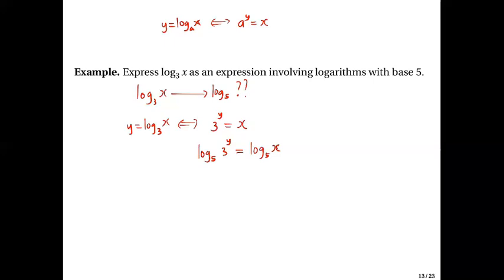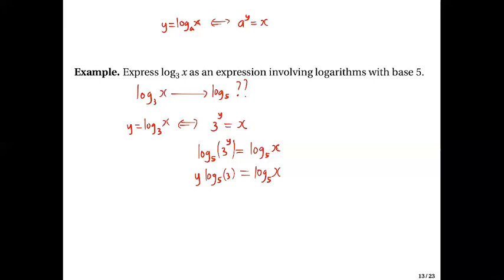Correct? And now, you have here 3 to the y. Y is an exponent of 3, so this y can go down. This guy here becomes y logarithm with base 5 of 3. And this is equal to logarithm of x with base 5.